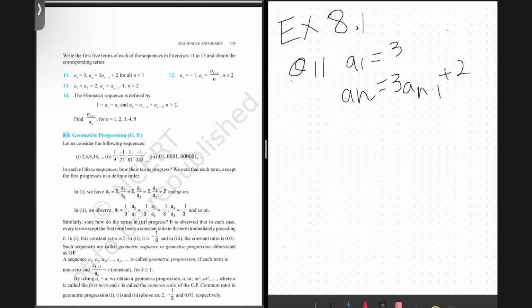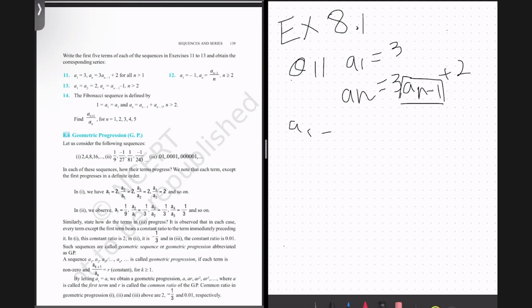So why we have been given the first term separately from the rule is that every subsequent term in this particular sequence would be derived from its previous term, right? So therefore we need to be given a first term in this sequence, because A of 1 cannot be derived from any other term because that would represent the first term, right? So that is why the first term has been given separately to us and we are required to find the first 5 terms, right? So without wasting any more time, let's do it.